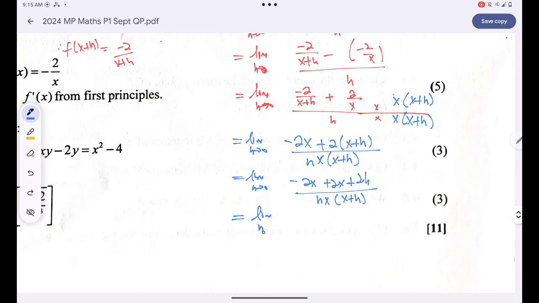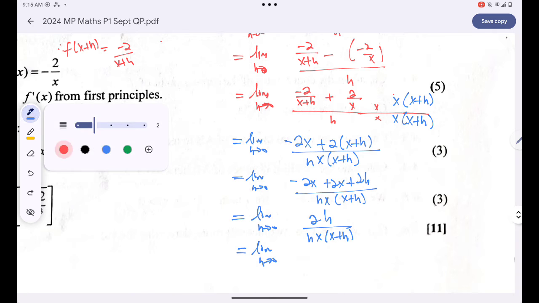I'll be left with the limit as h approaches 0 of 2h over h x into x plus h. The two h's will therefore cancel one another. How so? Like this will cancel that. I'll be left with 2 all over x and then x plus h.